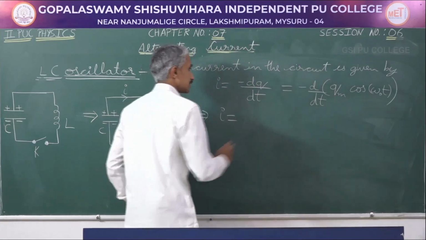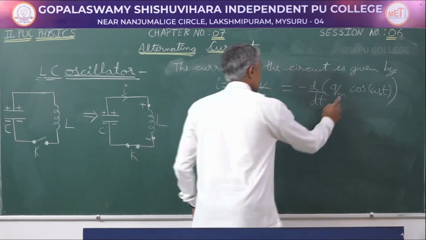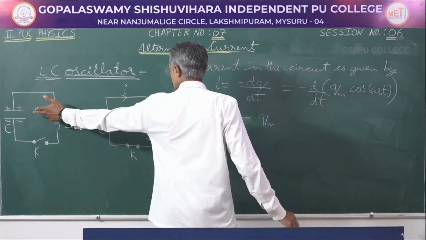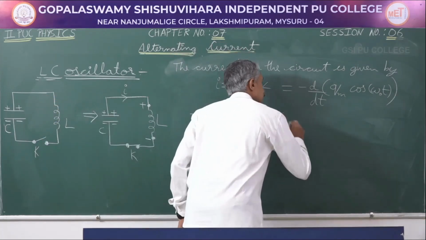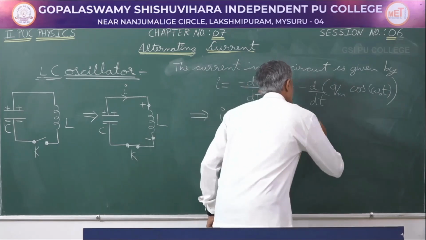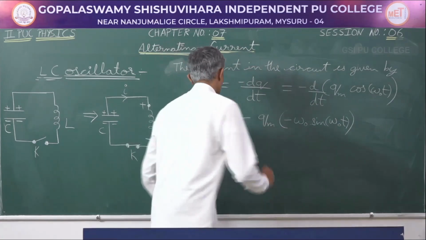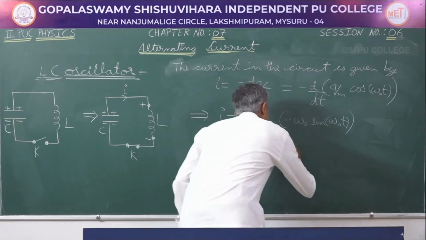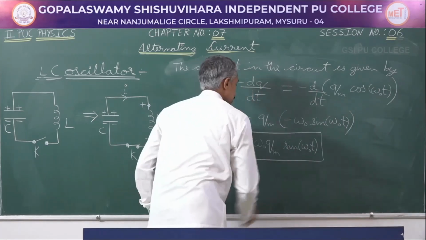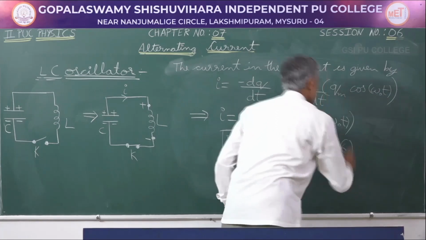So the current is going to be given by minus of q_m, the maximum charge which is initially put on the capacitor, a constant, into minus omega naught sin omega naught t. So, minus into minus, I will get plus omega naught q_m sin omega naught t. Let me take this as equation 6.